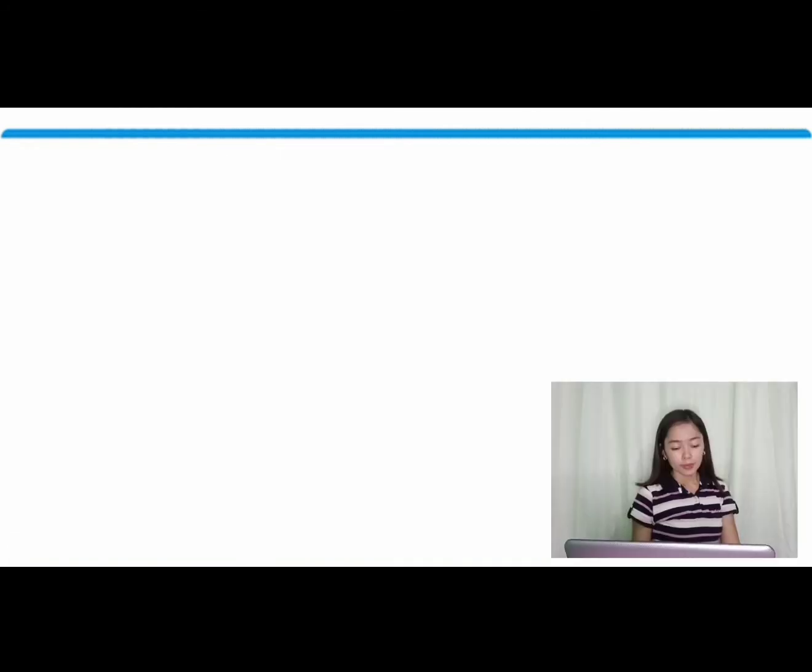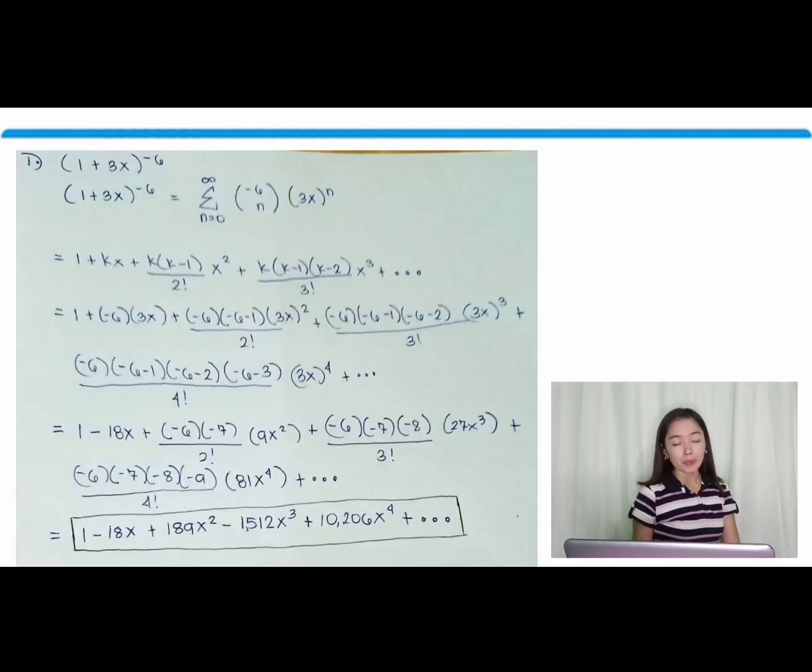Okay. So, our first example, we have 1 plus 3x raised to negative 6. Now, we'll try to determine the first 5 terms of the given.